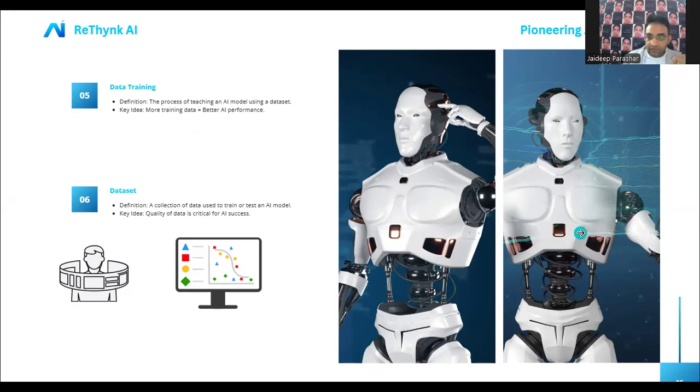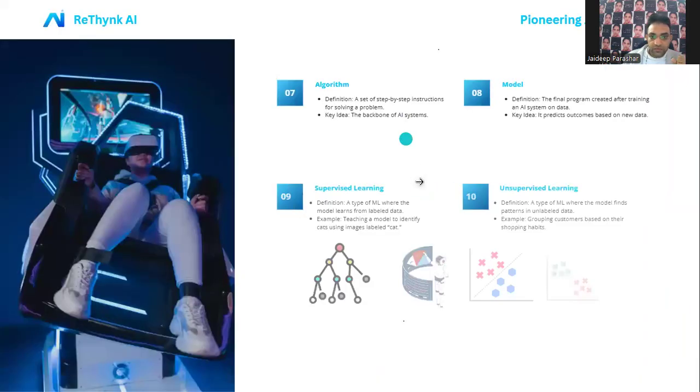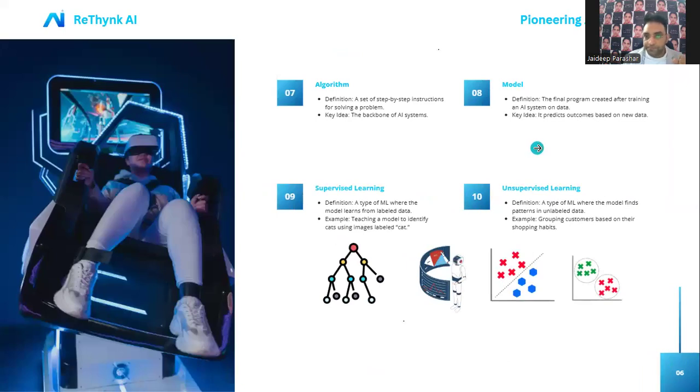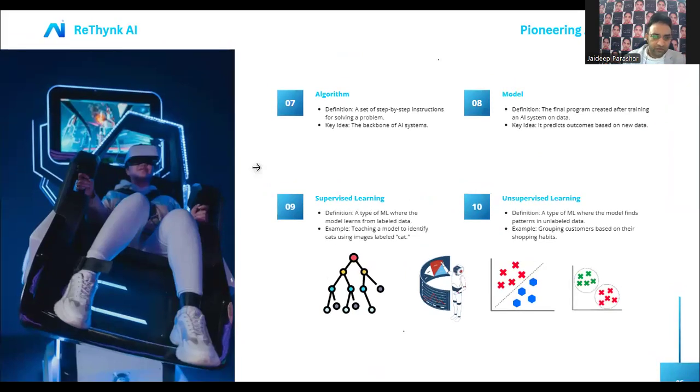Now let's move to the next slide, which is very important. These are the four most important pillars of AI vocabulary. One is the algorithm. What is an algorithm? An algorithm is basically a set of instructions where you write a proper code: this is the first step, this is the second step, this is the third step.